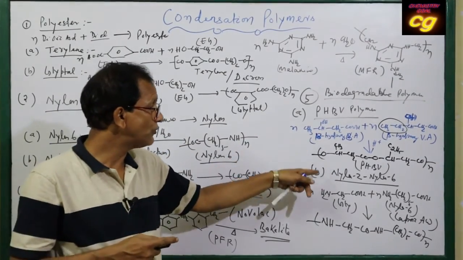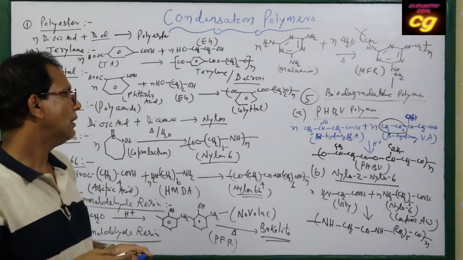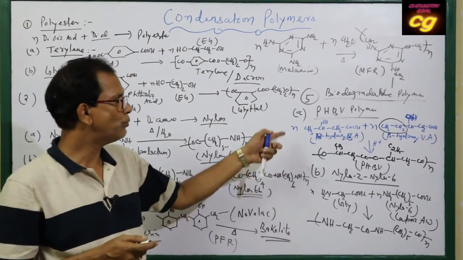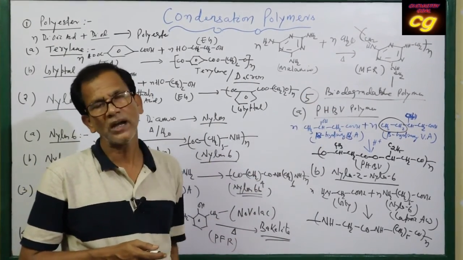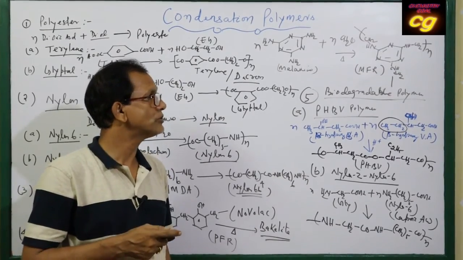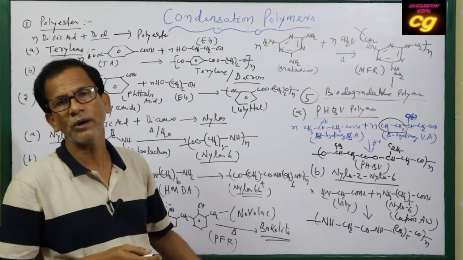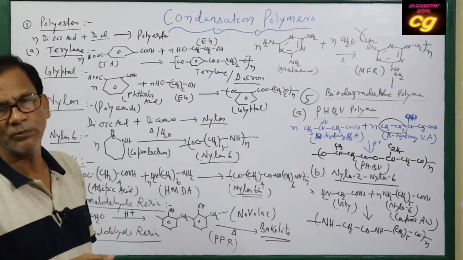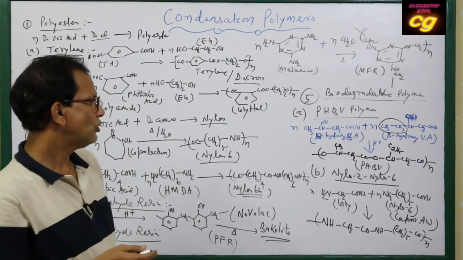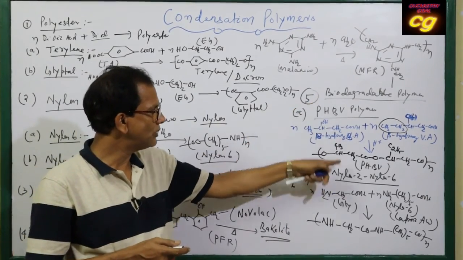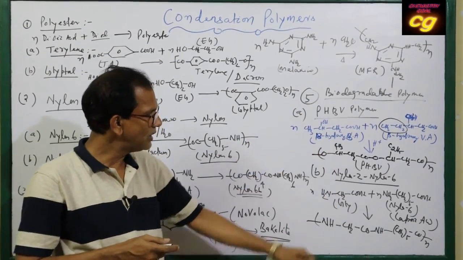Biodegradable polymers are very important for modern scientists to prepare, for the substitution of what? Non-biodegradable polymer. Okay, because non-biodegradable polymer causes environmental pollution. So these two examples of biodegradable polymer are examples of what?